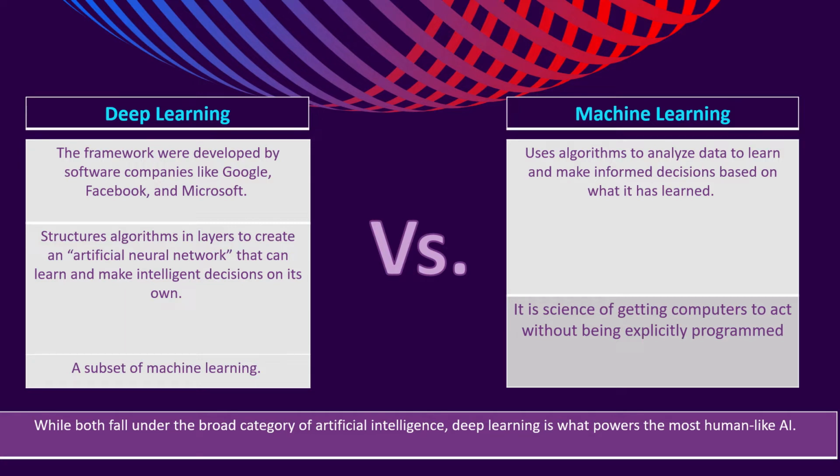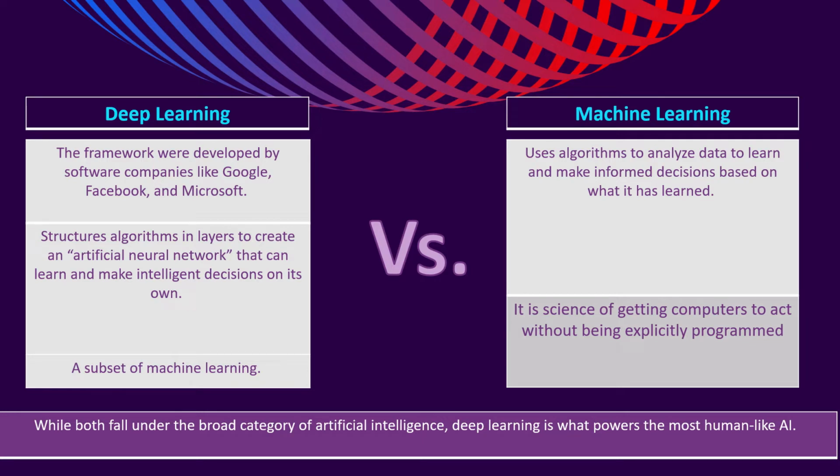The contrast with deep learning is that deep learning structures algorithms in layers to create an artificial neural network that is inspired by brain functions. It still uses training and testing data, but it's based more on how our brain's neural networking functions.